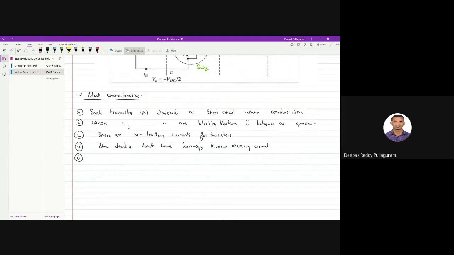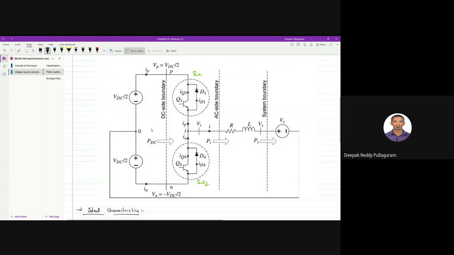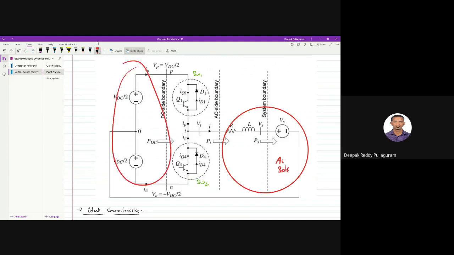Then the fifth assumption is the AC side. Here we have two portions. This portion, we say it as AC side, and this portion we say it as DC side. Why? Because the supply here is DC and here it is AC, and they are connected through a converter.